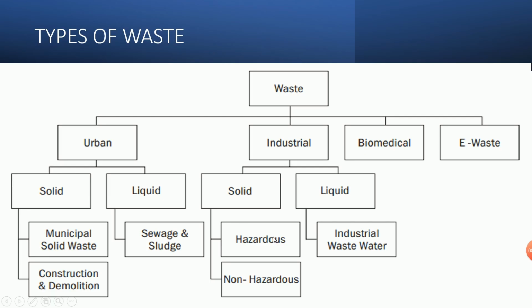So those things are hazardous waste. Now non-hazardous waste won't have that much effect, but still it is very problematic. The factories dump it in the garbage dumps, so those things are called non-hazardous.